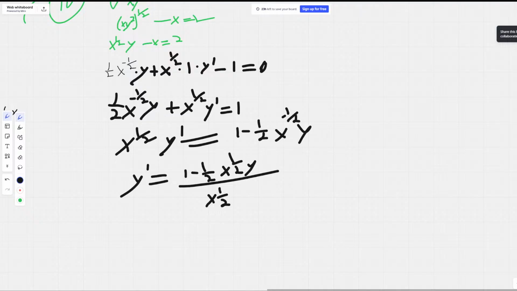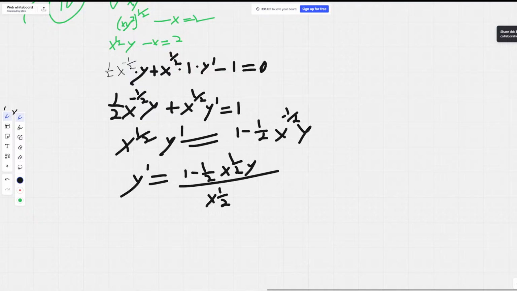Perfect. Okay, so x^1/2 y to the power of 1, which is what it is, minus x equals 2. Now the derivative of 1/2 x times y, plus, my apologies, plus x^1/2 times 1 times y prime minus 1 equals 0.